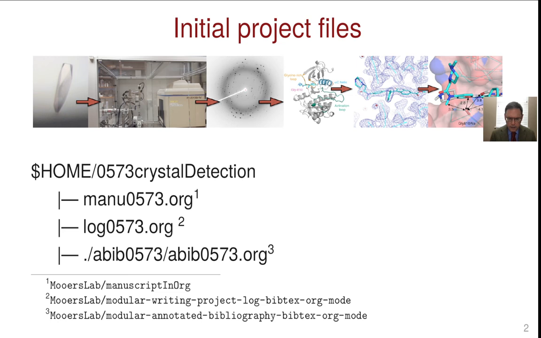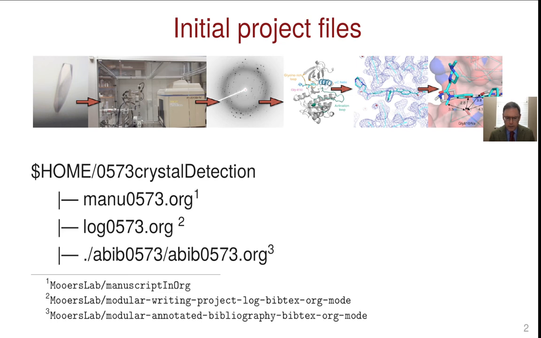So I start the name of the folder with this index number, and I store the manuscript folders in the top level of my home directory to ease navigation. So whenever I pop open a terminal window, I just enter 0573, hit tab to autocomplete the name of the folder, and I'll be right in the appropriate folder.